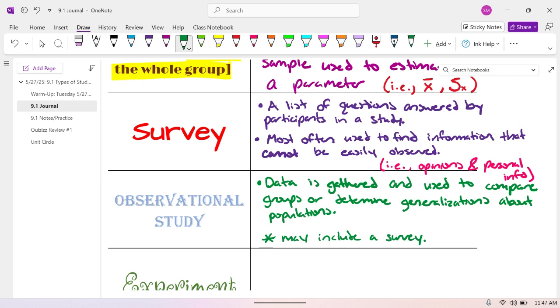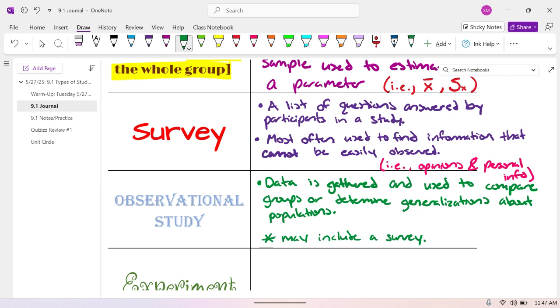I was observing what they did and how they did it and how that affected their score. So I was not interfering with what they were doing. I was just looking at what they did.